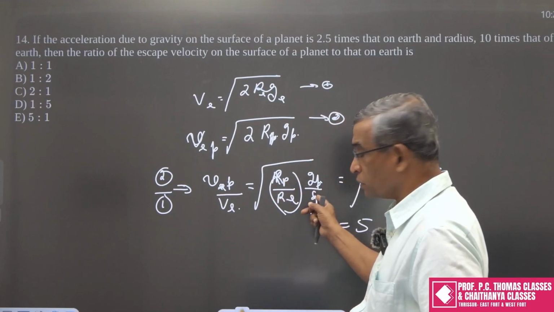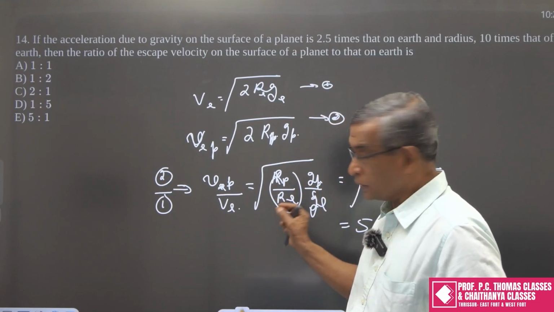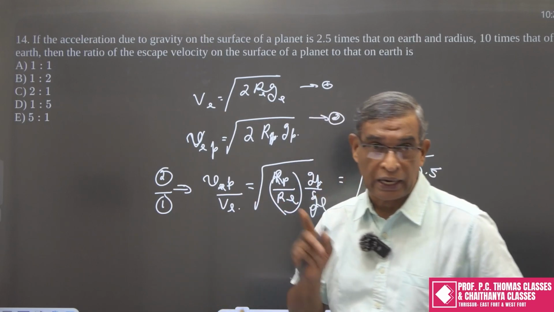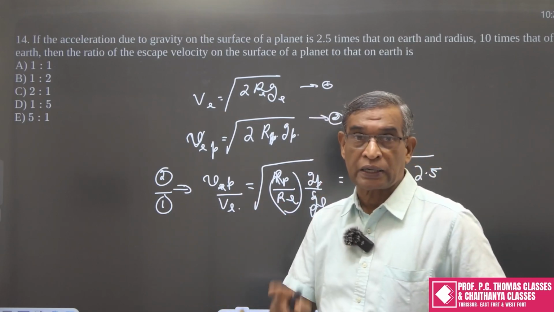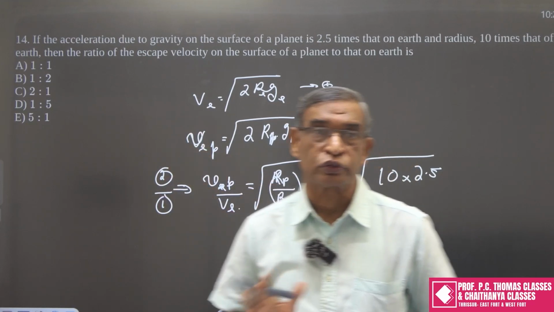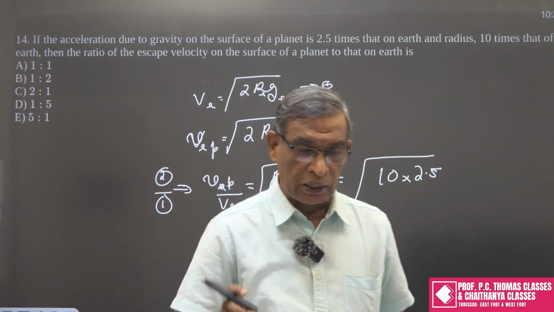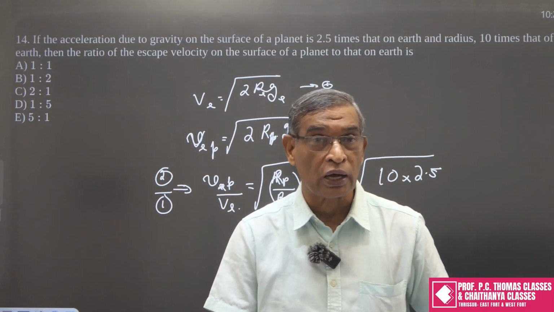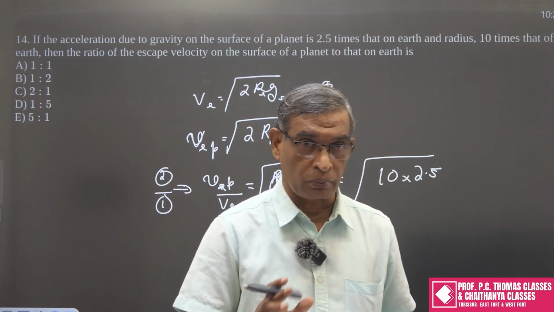While you substitute, also remember the substitution must be in proper order. Otherwise, you will arrive at a wrong result, and that wrong result will definitely be there in the options. We will mark it at once and you will lose the mark. So be careful.